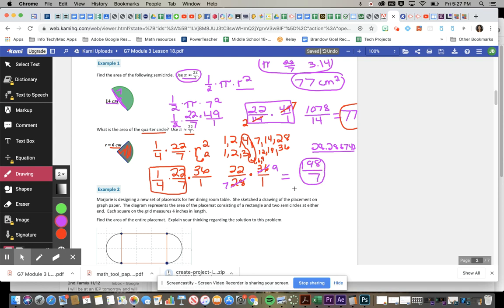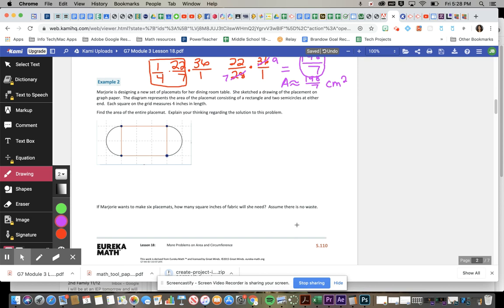So I could just say the area is approximately, and instead of saying equal to, you use curved equal signs, and that means approximately, which means about 198 over 7 centimeters squared.